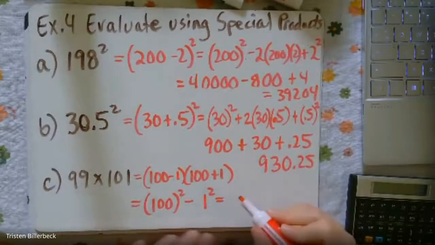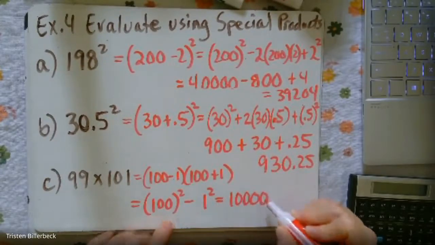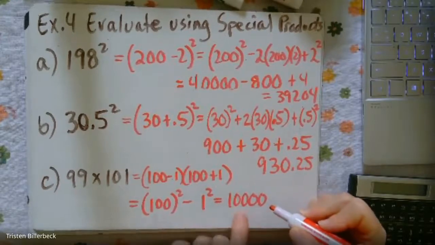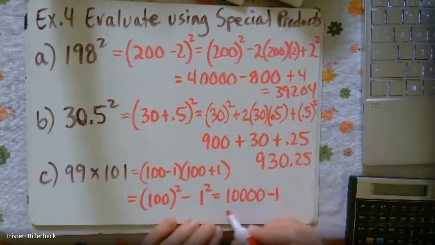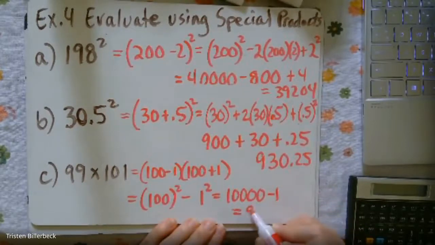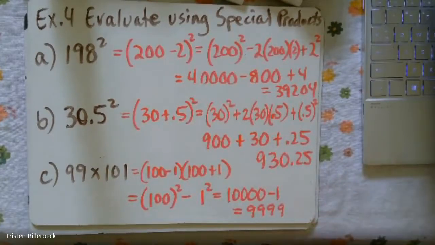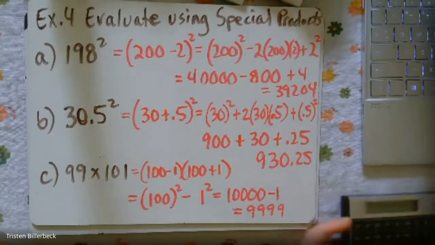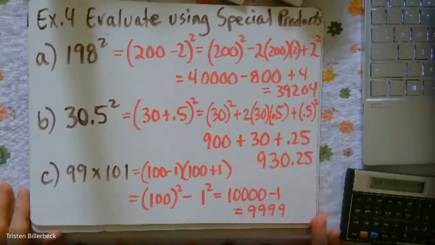So that ends up being 10,000, because we want 4 zeros because we're squaring 2 zeros, minus 1. So we end up with 9,999. Okay, so there we have it. 99 times 101 is 9,999, and we just used our special products to find that.